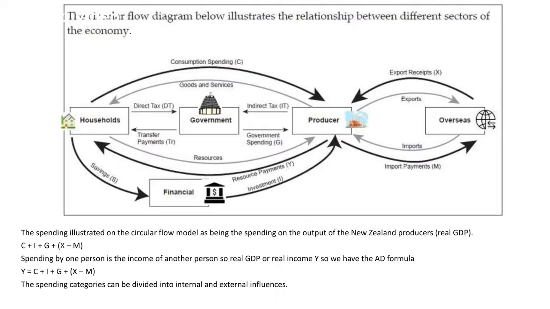In the exam, you'll be given a scenario, and the scenario will be one of those factors, or it might be a couple of those factors in the equation. It could talk about, I don't know, increased demand. That would relate to C, consumer spending.